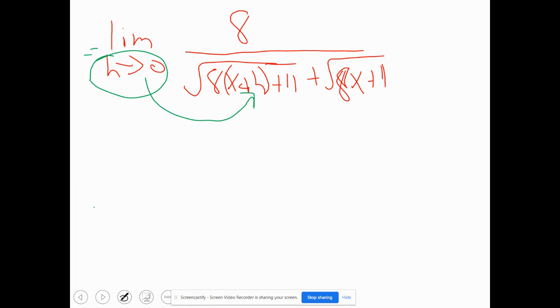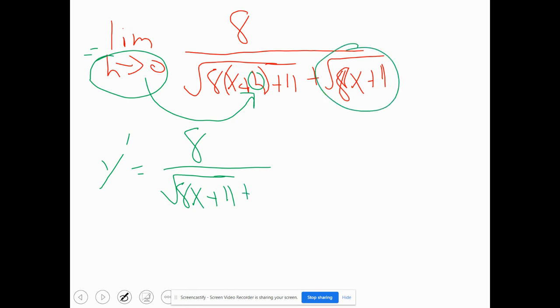If I substitute in there, we have y prime equals 8 over, if I plug 0 in here, I'm left with the square root of 8x plus 11. There's nothing to plug in here, so plus the square root of 8x plus 11.